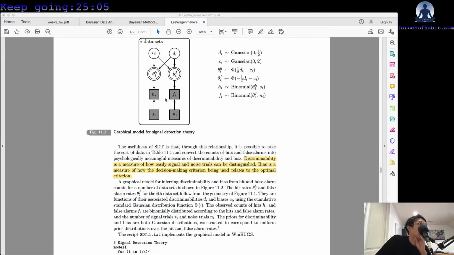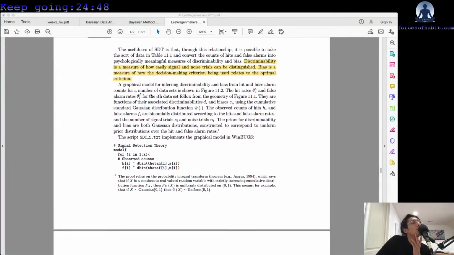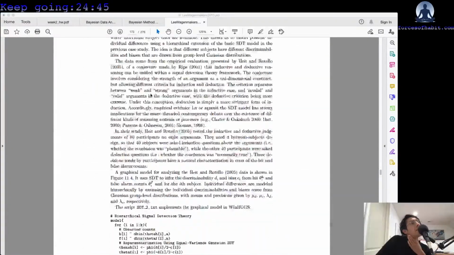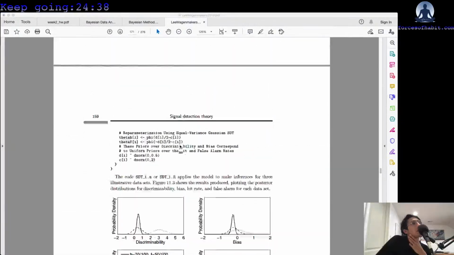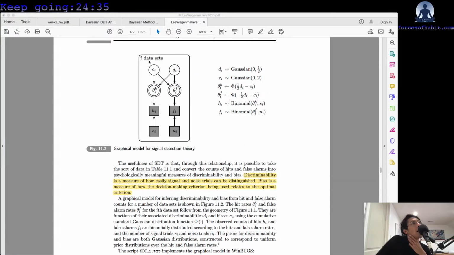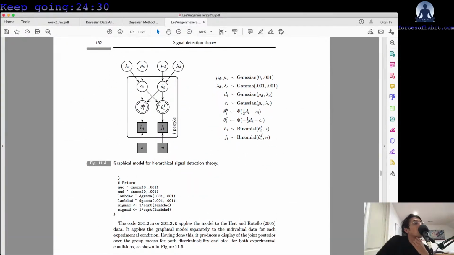Instead of i here representing differences across studies, right? Before we were talking about differences across entire groups of subjects. But now if we go down to this model, oh, am I missing something? Let's see. Yeah, it was data sets before. Now we're going to look at individuals.